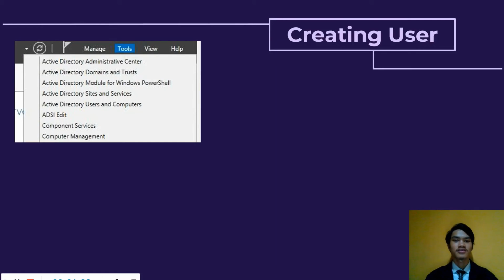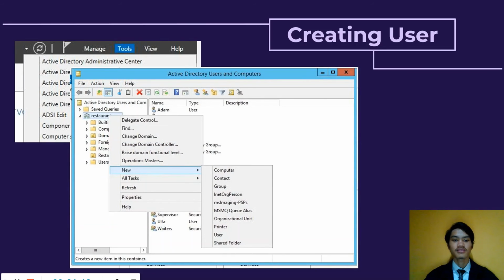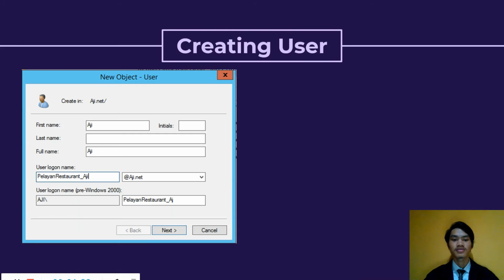Creating user. On the tools, we select Active Directory Users and Computers, and then right click, select new, and then new user. This is the window. If we want to create the user, fill in the window: first name, last name, full name, and the user logon name.